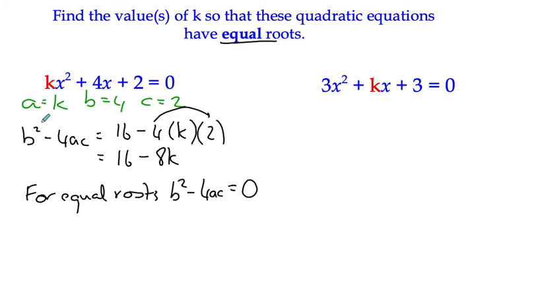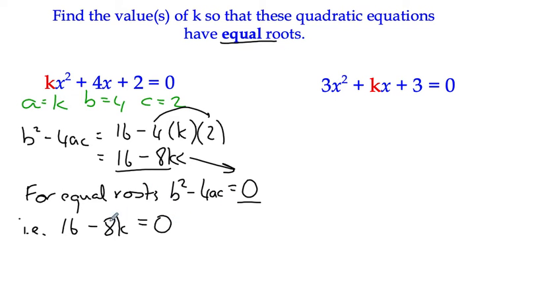So we've said that b squared minus 4ac is equal to 16 minus 8k. We've also declared that b squared minus 4ac is equal to 0. In other words, that is, 16 minus 8k also must have the value of 0. These two are equal in value. So we can create a new equation, 16 minus 8k equals 0.